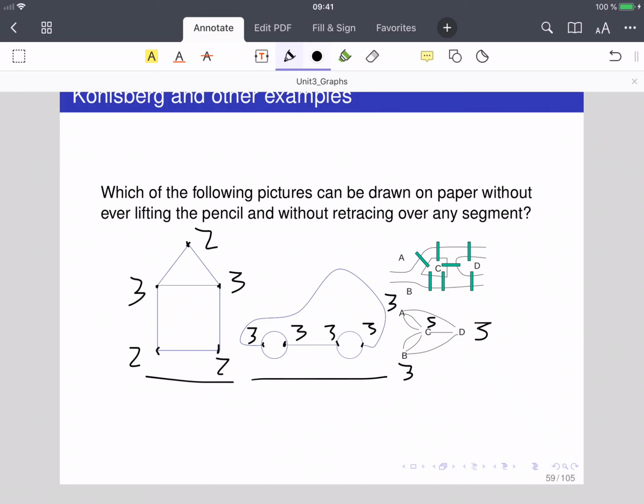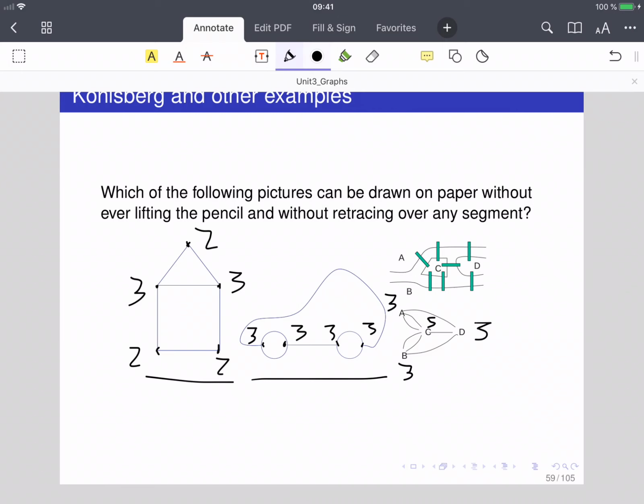You only need to count the edges that are incident in each of the vertices. Okay, and again, this is a solution that works for any kind of graph. Also, it's a solution that is very easy to compute.